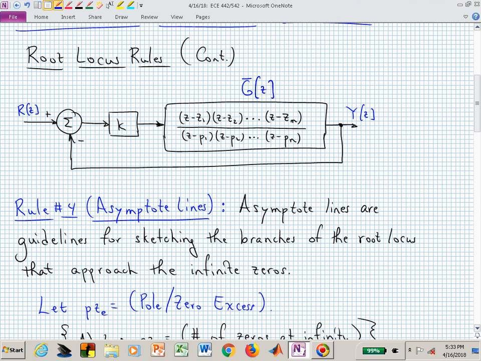We've incorporated that into the gain K. But we have now this adjustable knob K, and this is the notation that we will use to talk about rule 4 and rule 5.